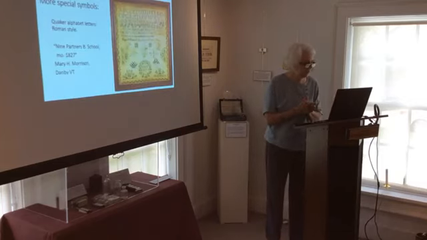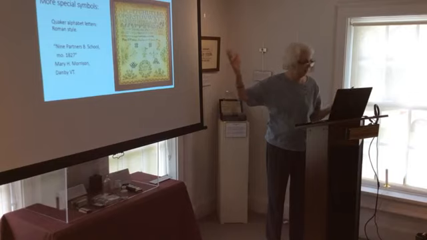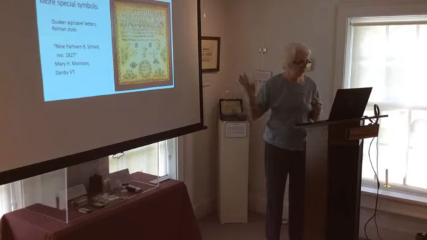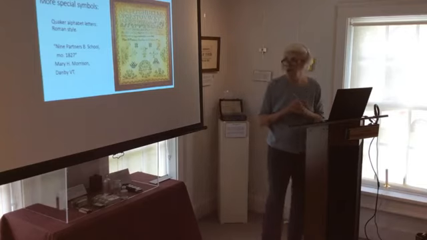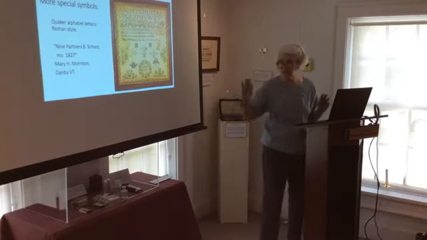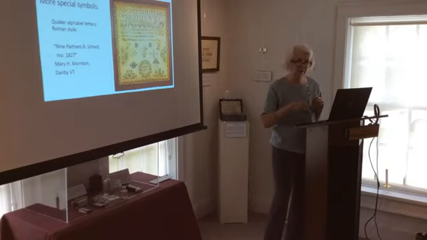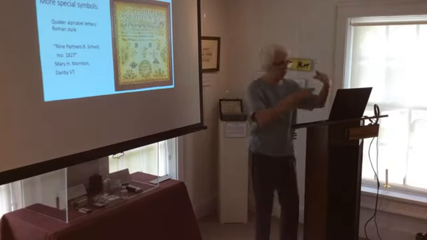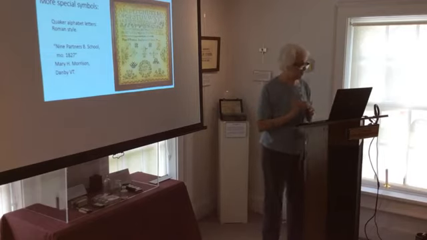Okay, more special symbols. The alphabet that you see at the top is very definitely known as Quaker, the Quaker set of alphabets. This tells us that Mary Morrison, who was from Danby, Vermont, had a family with the resources to send her to the Nine Partners School over in New York State. I looked it up just last night: it's south of Albany, north of I-84, and the school is still in existence today.